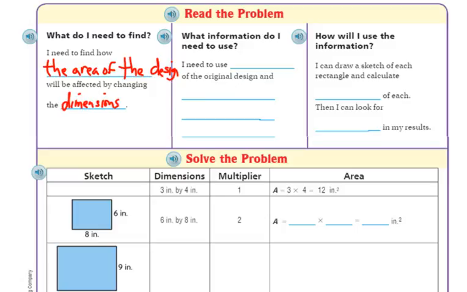What information do I need to use? Well, I need to use the dimensions of the original design, and the numbers by which the dimensions will be multiplied. I'm going to shorten that up and say I need to use the dimensions of the original design and the multiplier.